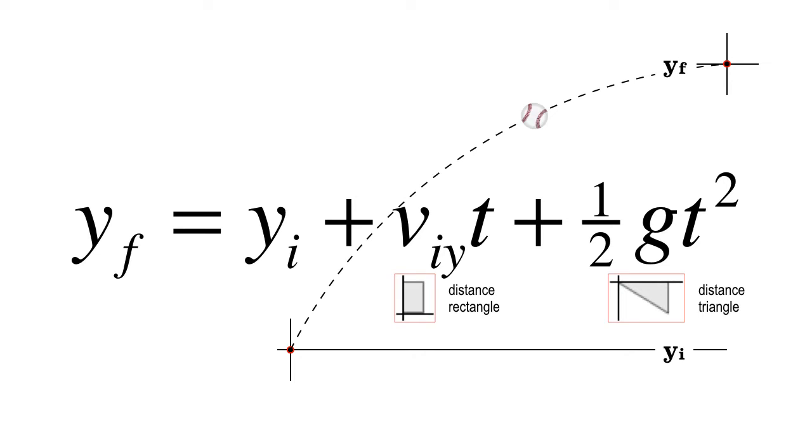All right? And this part over here, 1/2 gt squared, is a distance triangle. Now, sketch it out the way I have it. It's a distance triangle where the velocity graph is dipping down below the time axis. That means that the change in the y coordinate from the distance triangle here is negative, which I've just been saying. You're losing distance that you would otherwise have.